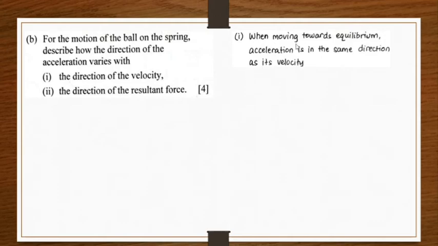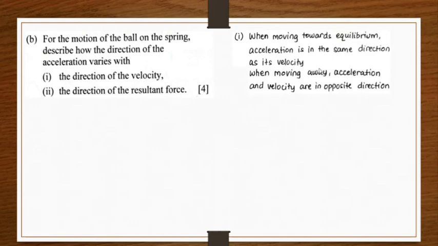But when it is moving away, the acceleration and the velocity are in opposite directions. That is for B I. So we have two parts. When it is moving towards equilibrium, acceleration is in the same direction as the velocity. But when it moves away, the acceleration and velocity are in opposite directions.